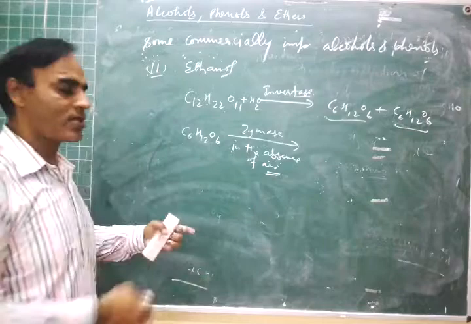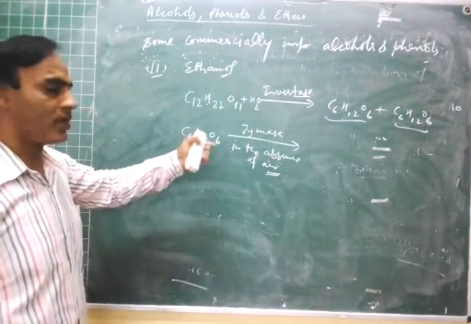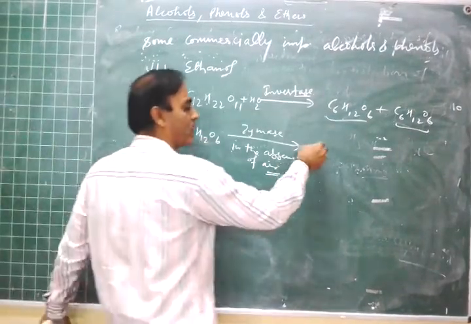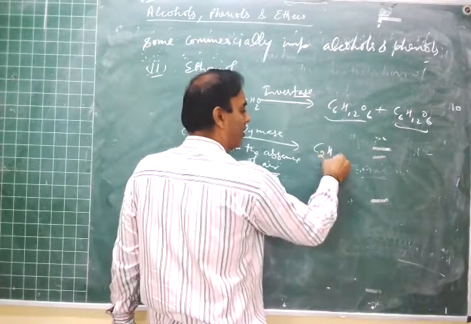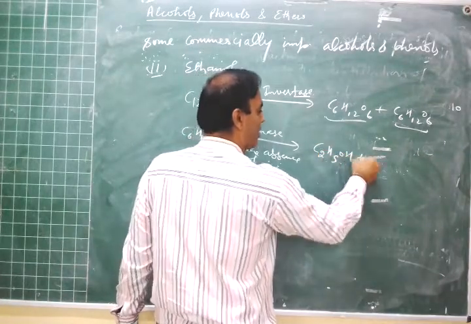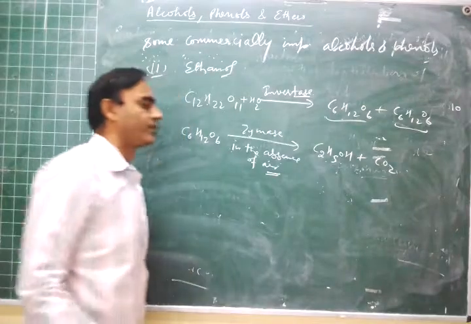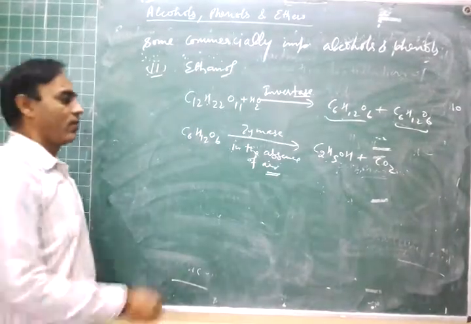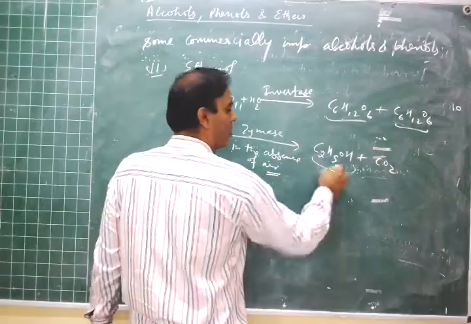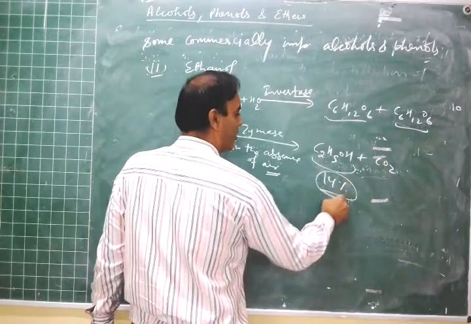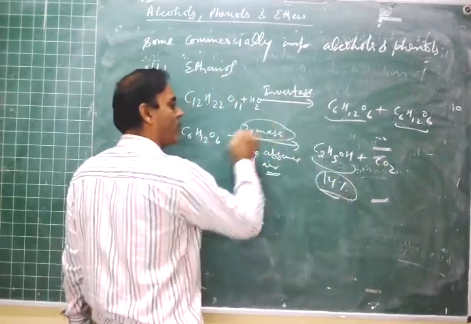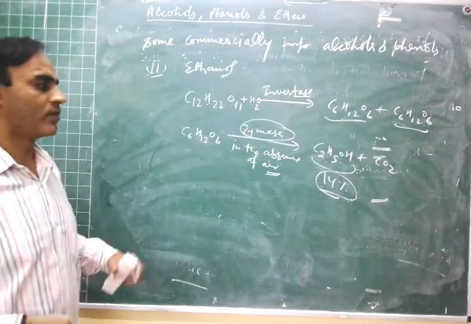That is now fermentation starts. Here we are talking about the fermentation, right? So this will give you alcohol and CO2 gas is produced, right? Now, when the concentration of alcohol is above 40%, then the function of zymase stops, right?